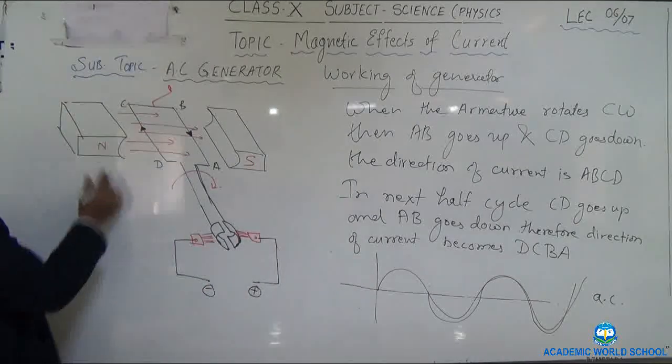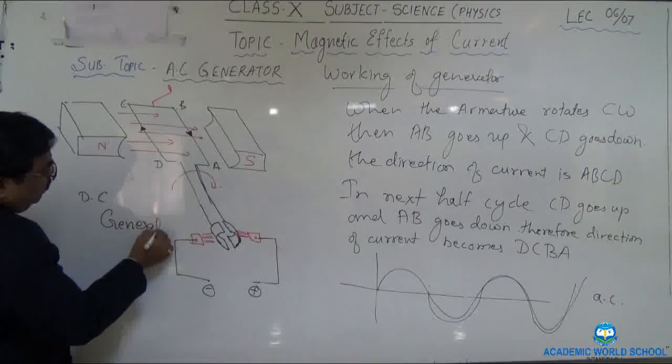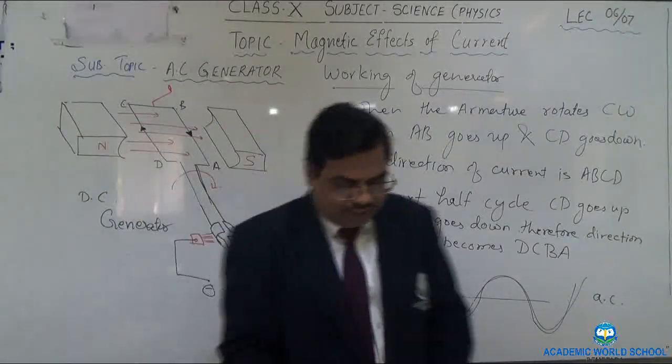This will be a direct current generator. So what is the difference? Commutator.